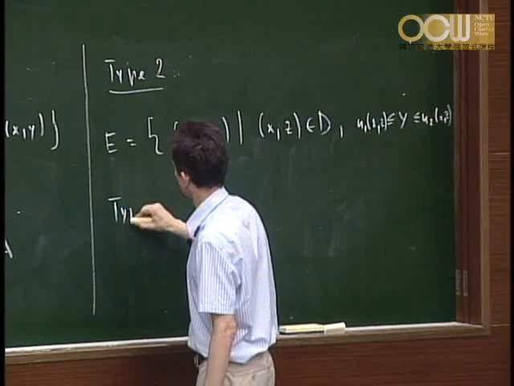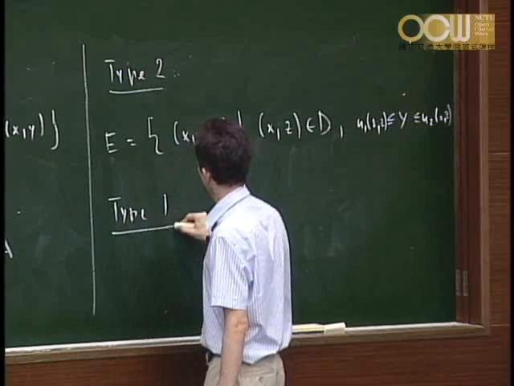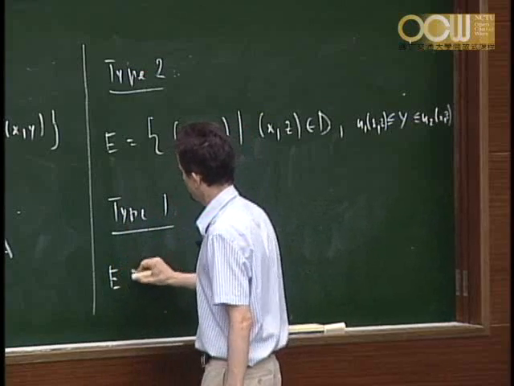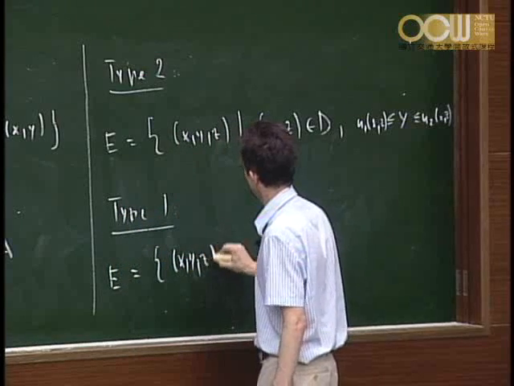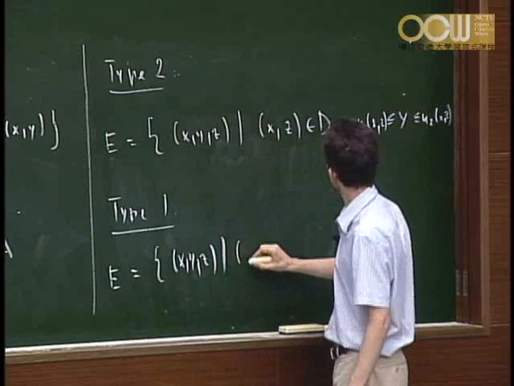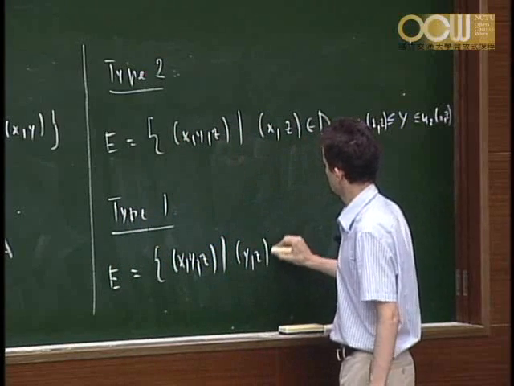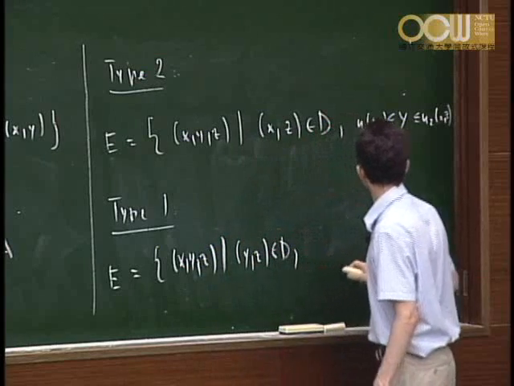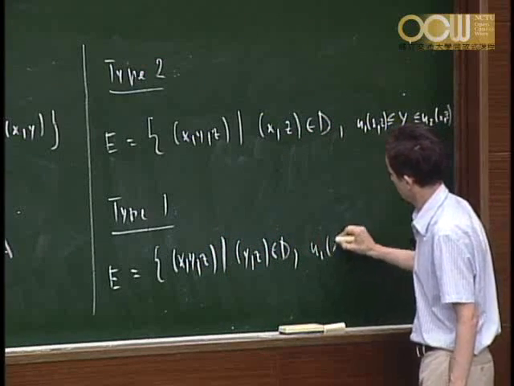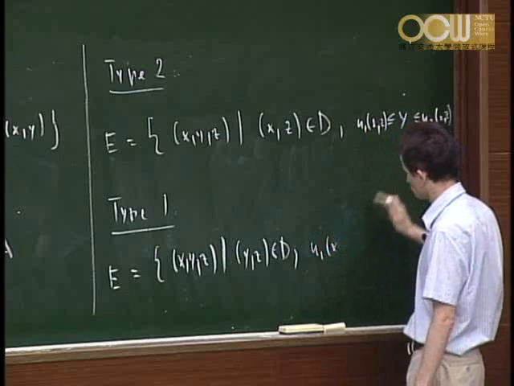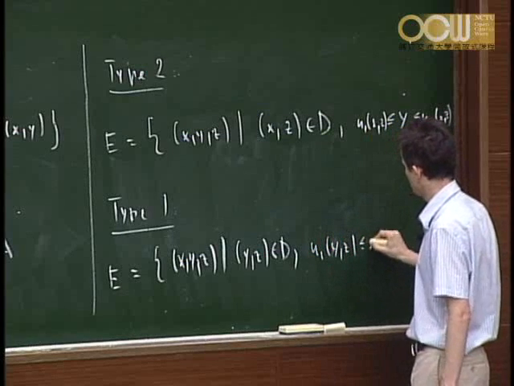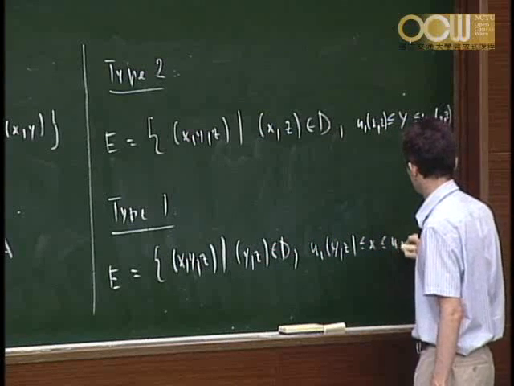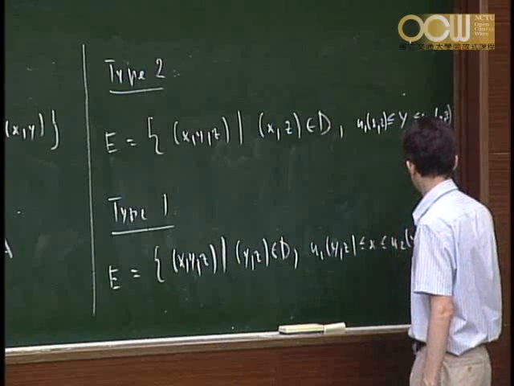And you have also type 3, where you project everything onto the yz plane. So you have (x, y, z) such that (y,z) is in D, and again those functions must be continuous. So u1(y,z) is smaller or equal than x, which is smaller or equal than u2(y,z).